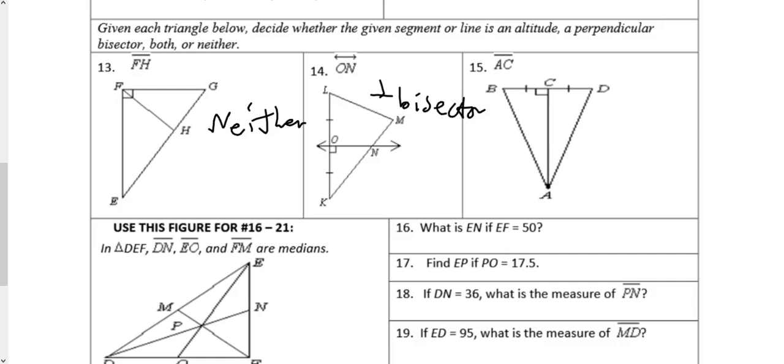And since it doesn't come from an angle, it can't be an altitude. Now AC, look over here. It comes from a vertex. It forms a 90-degree angle with the side and splits that side into two equal pieces. So this is both. It's a perpendicular bisector and an altitude.